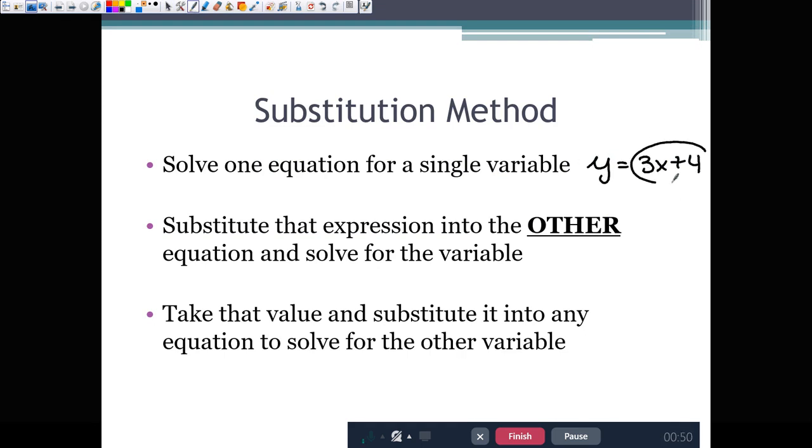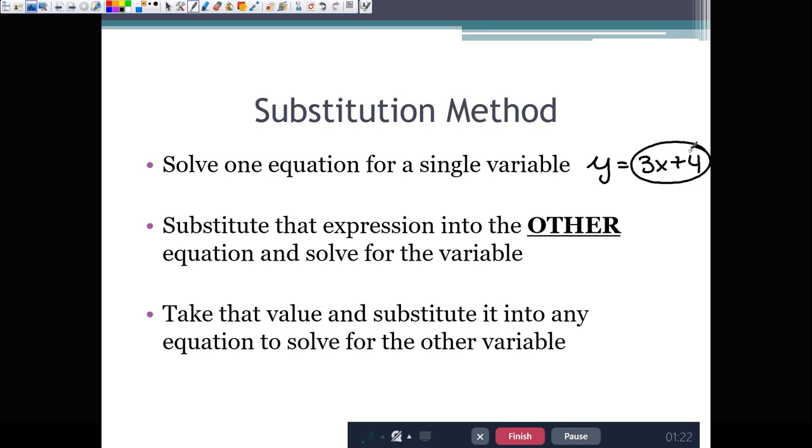So we're going to take this expression and substitute it into the other equation for y. Then we're going to solve for the variable, whatever variable is left over. In this case, it would be x. Then we're going to take that value and substitute it into any equation and solve for the other variable. So we're going to be doing two substitutions.